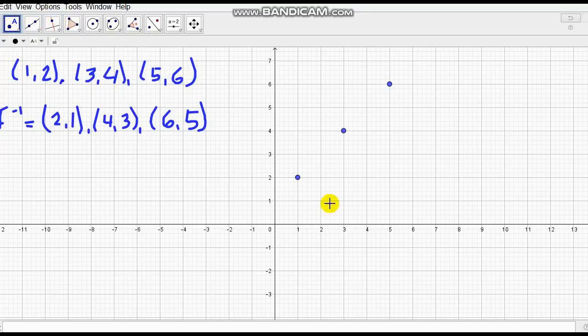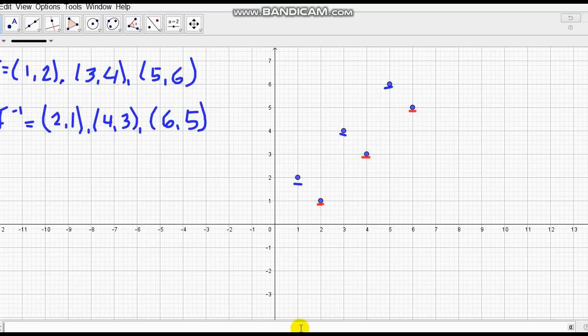If we plot it, it's right here: (2, 1), (4, 3), and (6, 5). So these three, I'll label with blue. These are the points from the original function. And those that I will label with red are those from the inverse.